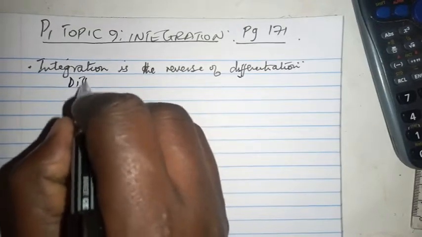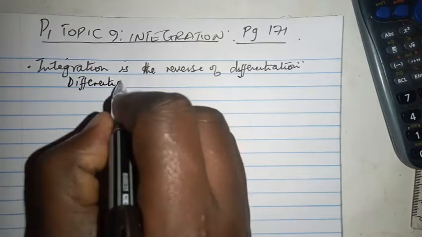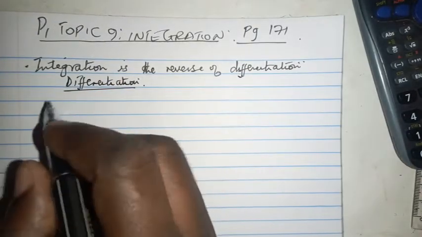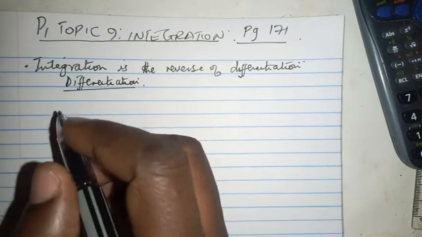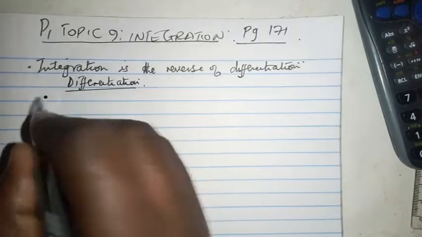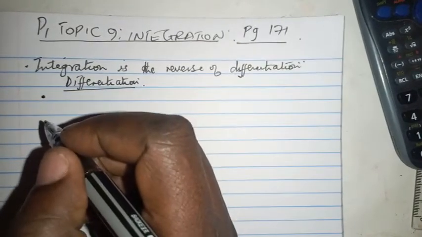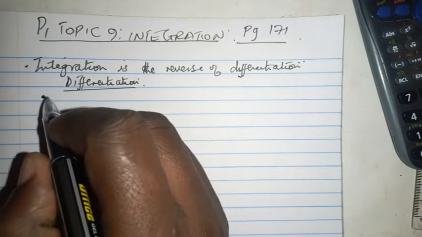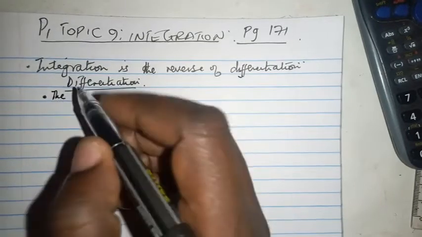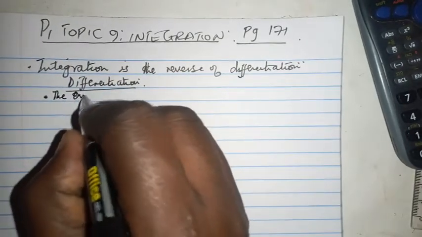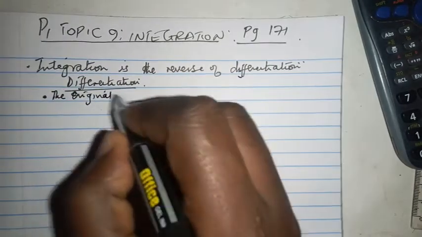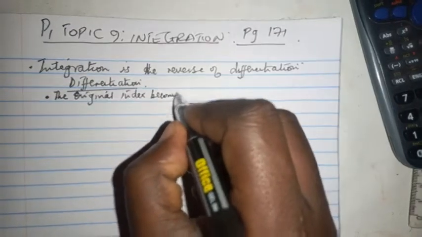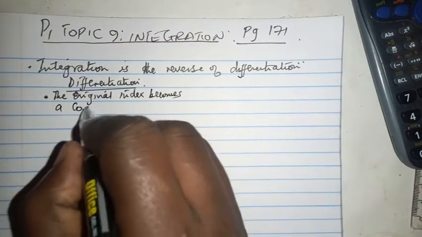In differentiation, let us highlight in our own language what happens. Number one, the original power reduces by 1. The original index becomes a coefficient.